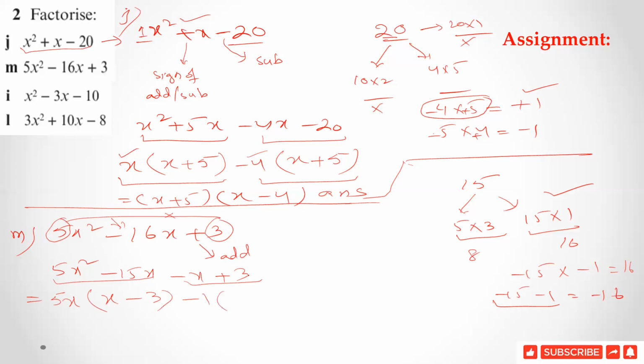And I know this x will be here and minus plus will be minus. This will be minus 3. Now I check that this x minus 3 is common in these two terms. So I write x minus 3 and I'm left with 5x minus 1 here. So this is the answer for M.